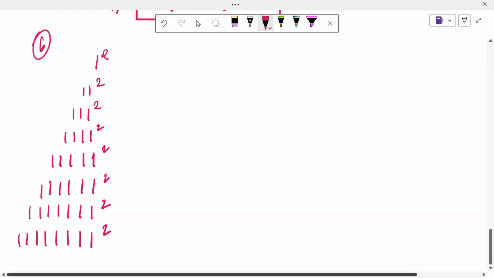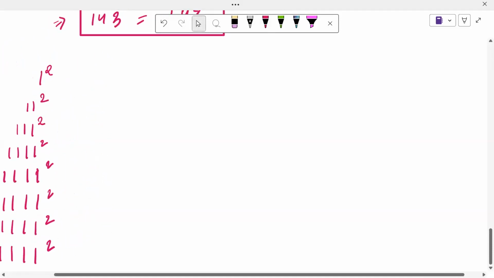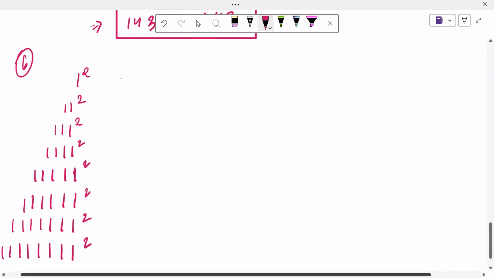What is 1 square? 1. What is 11 square? 121. Then what is 111 square? It's actually 12321.